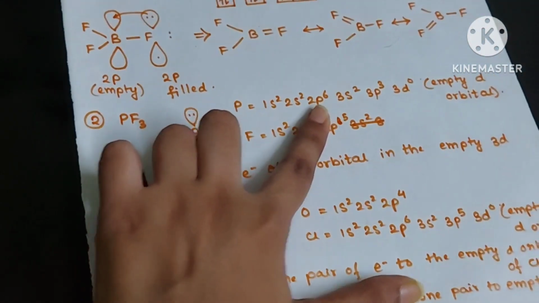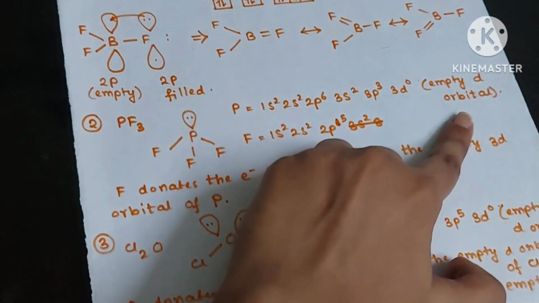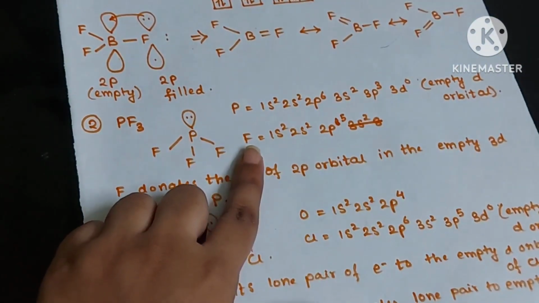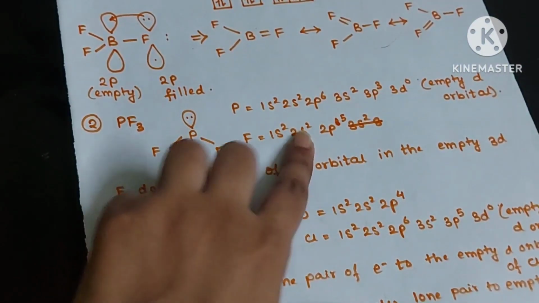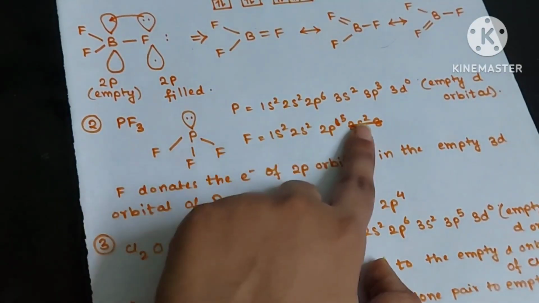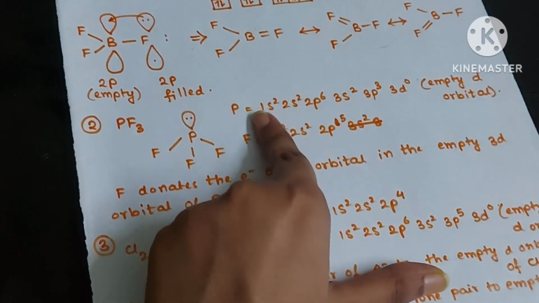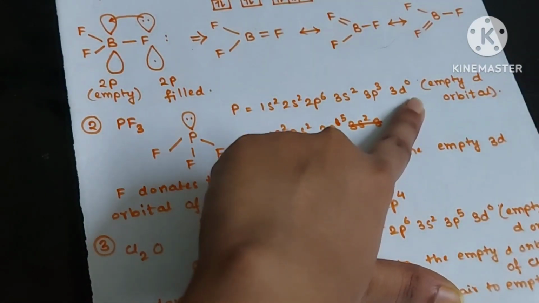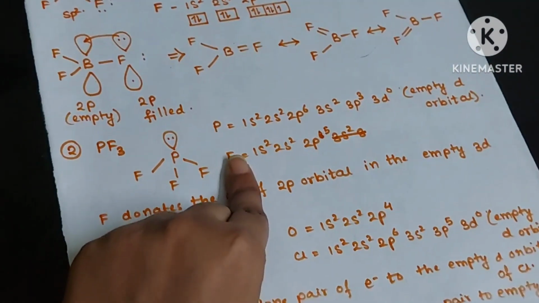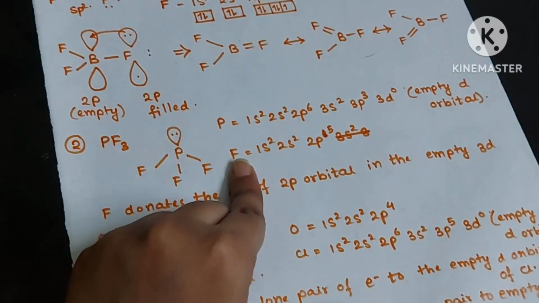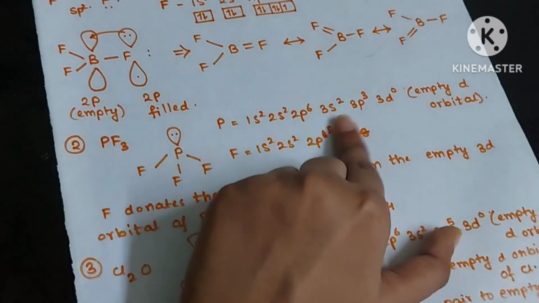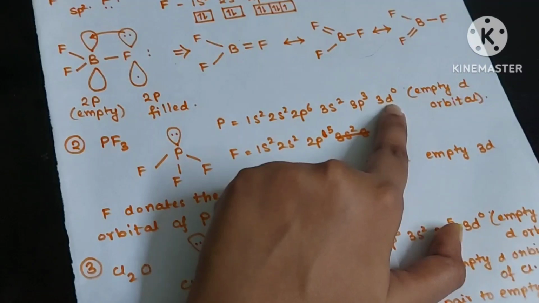Here we are having the empty d orbital, and fluorine is 1s2, 2s2, 2p5. So phosphorus is having empty d orbital, so fluorine is going to transfer its electron to the empty d orbital of phosphorus.